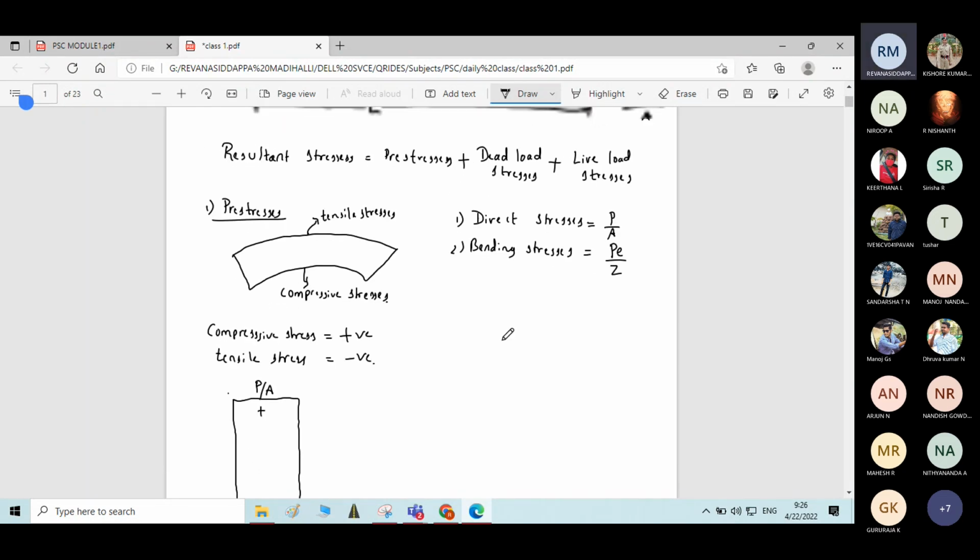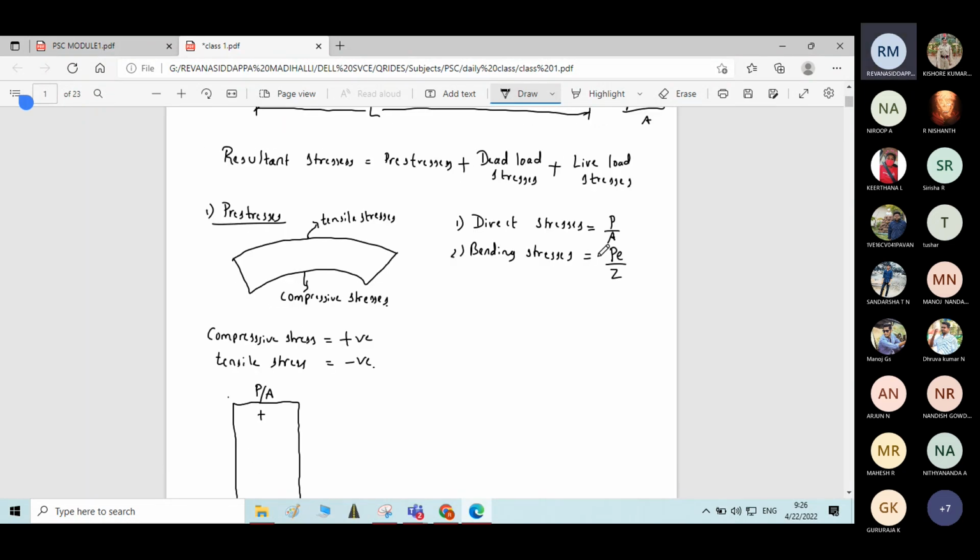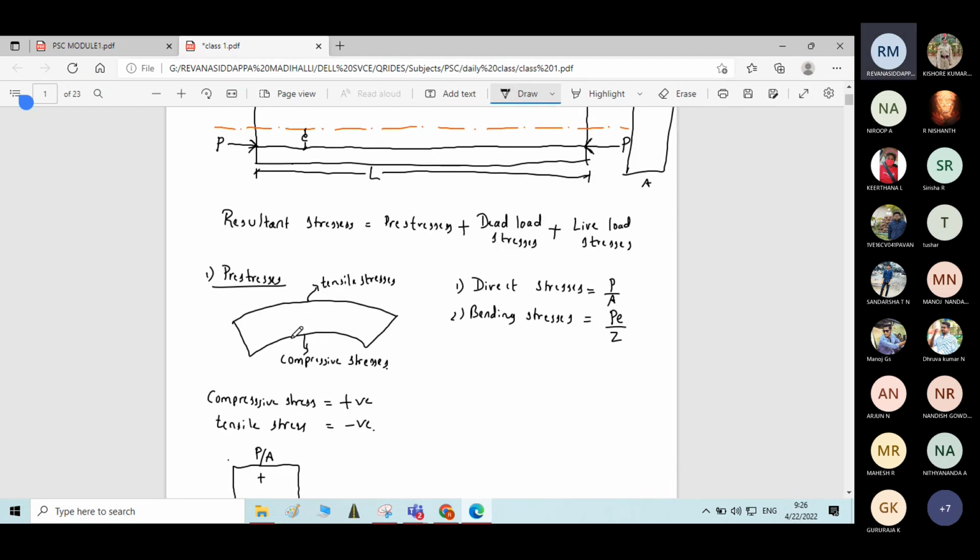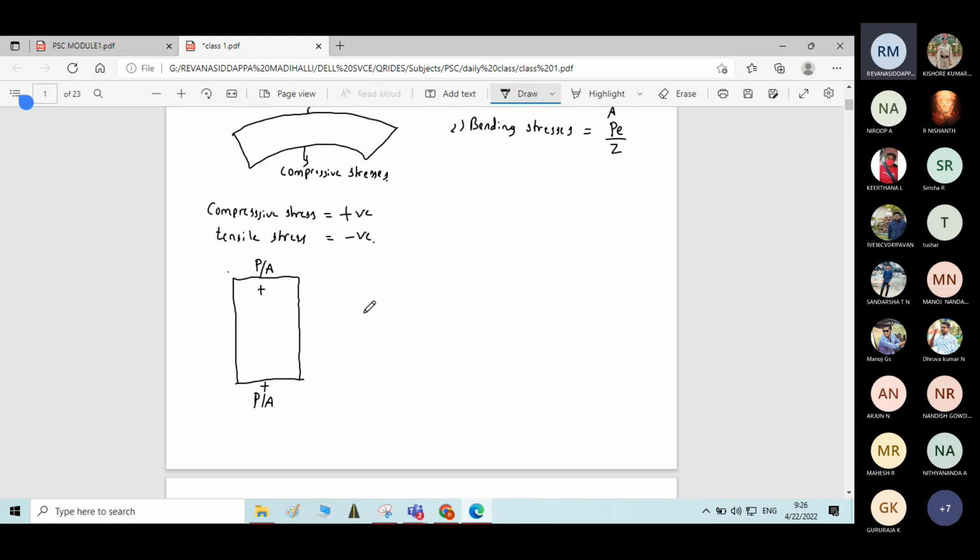Now there is one more stress, that is bending stress due to prestressing force P, that is PE by Z. Here I have written the nature of bending of the beam. The bottom fiber is subjected to compressive stresses, the top fiber is subjected to tensile stresses. Now I'll draw the diagram.